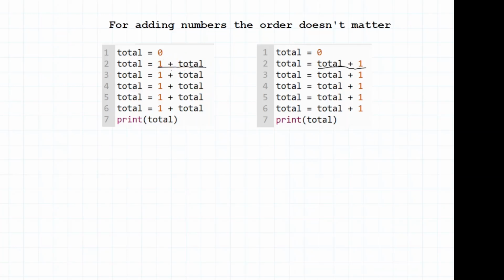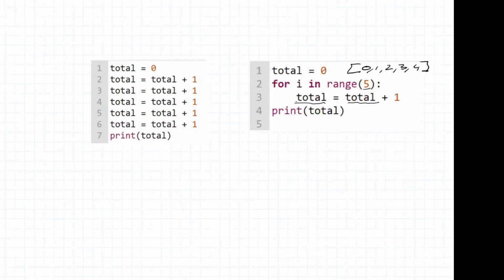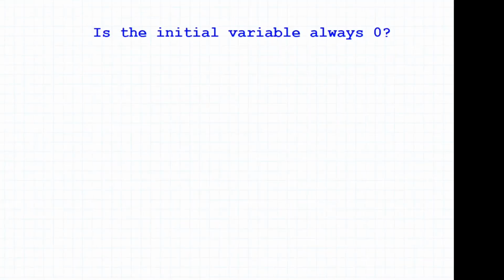So it doesn't matter if you add 1 plus 5 or 5 plus 1, you get the same answer. Okay? So when I have a for loop, like I have here, I can say total equals total plus 1, or total equals 1 plus total, and it won't make any difference to my answer. But that's for numbers. For text, it makes a difference. But we'll get on to text later on.